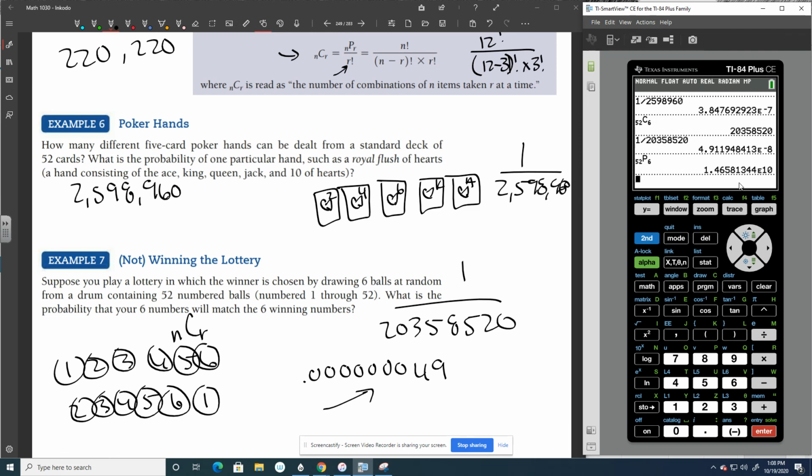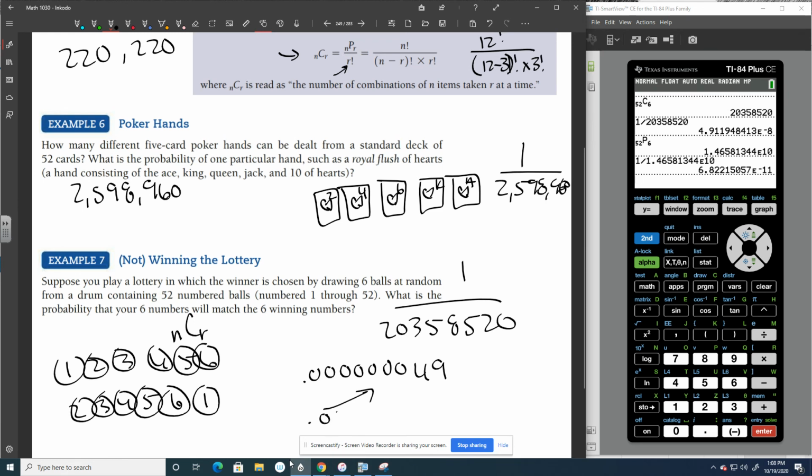Then you're even lower probability because you've got 10 more decimals there. So I would do 1 divided by this value. Look at how much lower the probability is if the order does matter. Because if the order matters, there's a lot more to choose from than if the order doesn't matter.